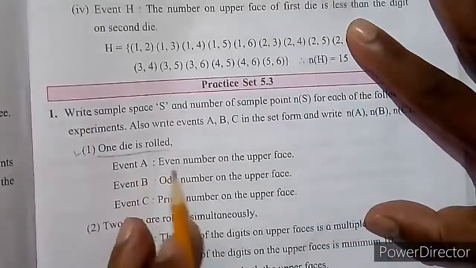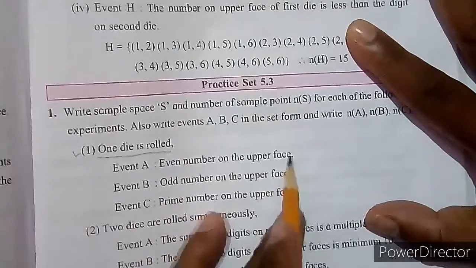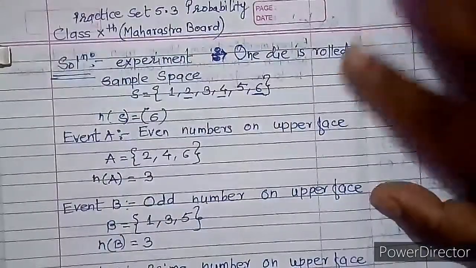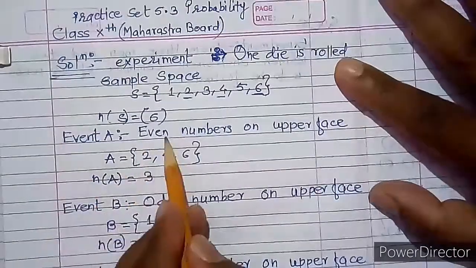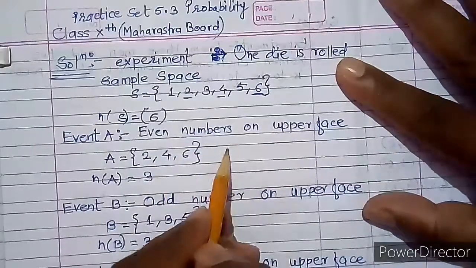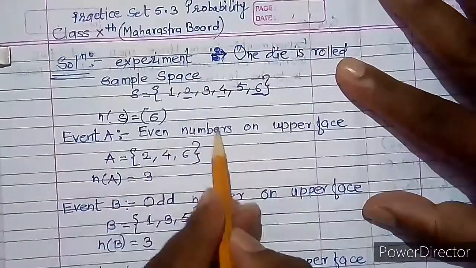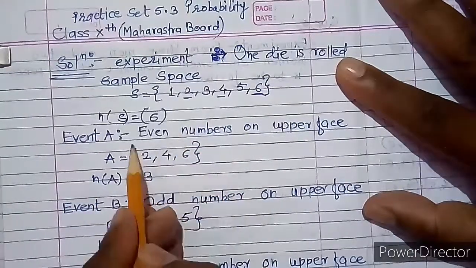Here event A is asked. Event A is an even number on the upper face. Then write down event A. Event A, even number on the upper face, means when a die is rolled, the outcome will be an even number.